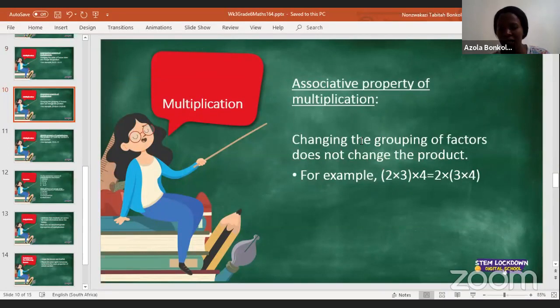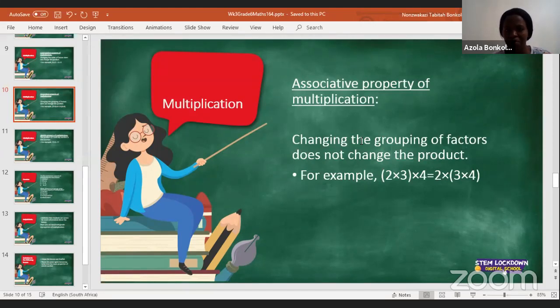And on our right hand side we'll still have the same digits, 2, 3, and 4. But now we're grouping 3 multiplied by 4, and outside our bracket we have 2 multiplied by the number that is in the bracket. The answer must be the same both on the left hand side and on the right hand side.